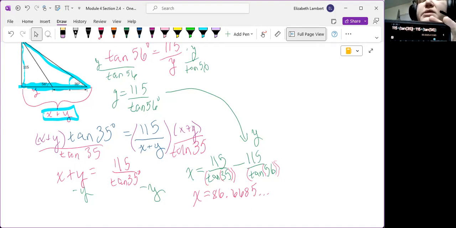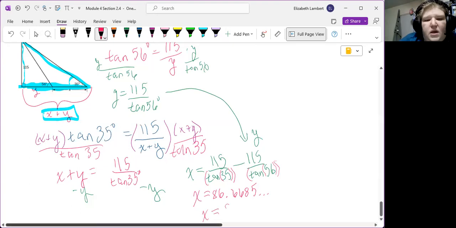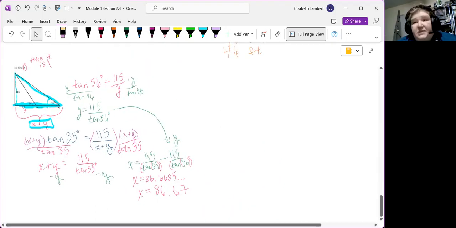And then you can see there the decimal underneath, and I wrote down the first few bits of it. It doesn't give us rounding directions, so I would still leave the extra 2, so 86.67. And then on a test question, there would be some sort of units and we would want to write the units.